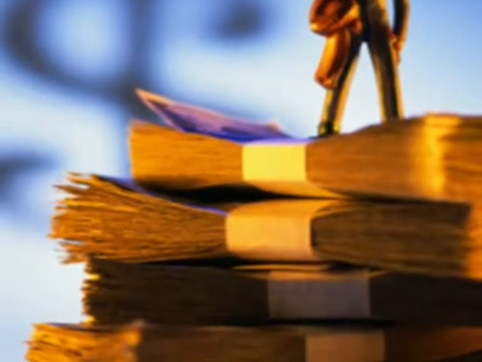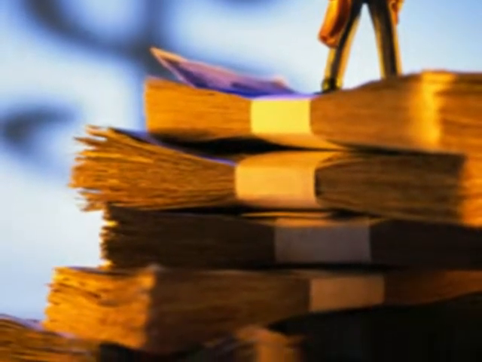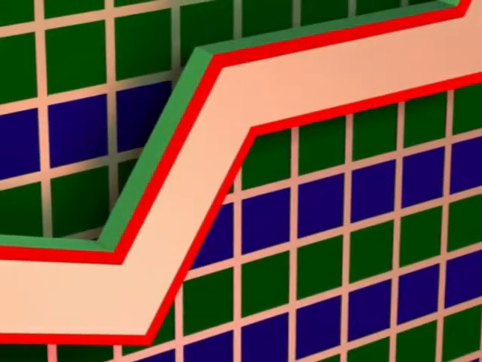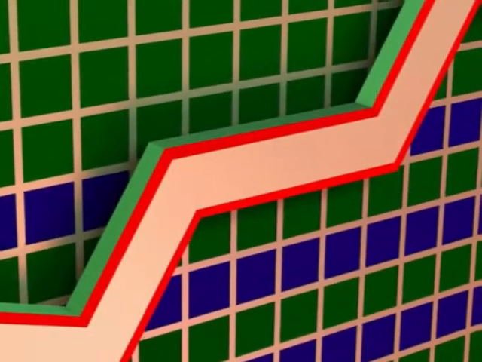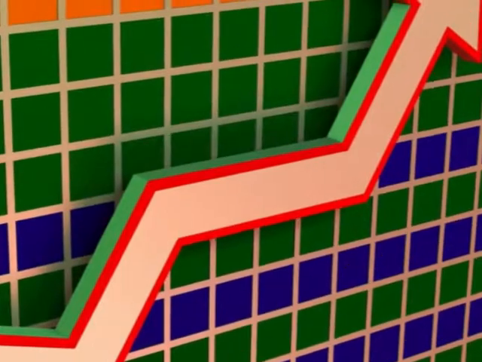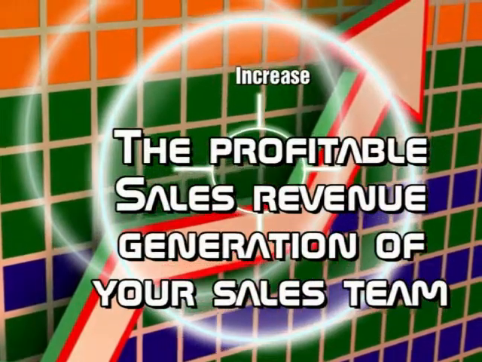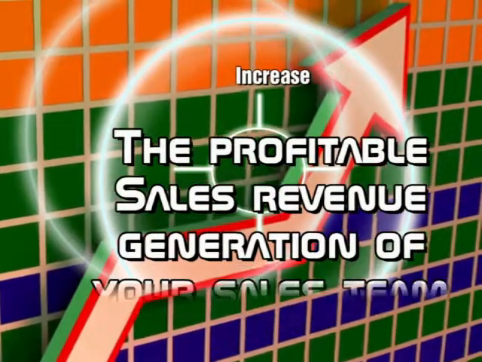As the individual who is charged with the responsibility for generating sales revenue, the most productive thing that you can do at any one time is increase the profitable sales revenue generation of your sales team. Think about that. What's the most productive thing that you can do? Is to increase the profitable sales revenue generation of your sales team.